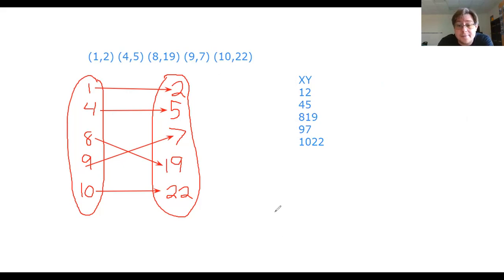Finally, we can do a quick graph. Looks like our x's are going 1 through 10. Y is going 2 through 22, so maybe by twos.